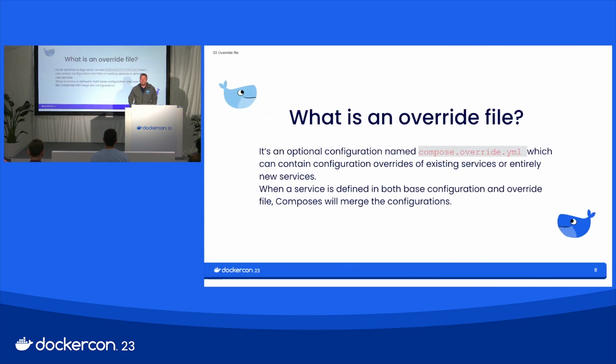So an override file is basically an optional configuration which can be named docker-compose or compose.override.yaml. And what compose will do at startup is load the main configuration and load this other configuration, add the extra services added inside the override file, and if a service is declared in both files, it will merge the configuration.